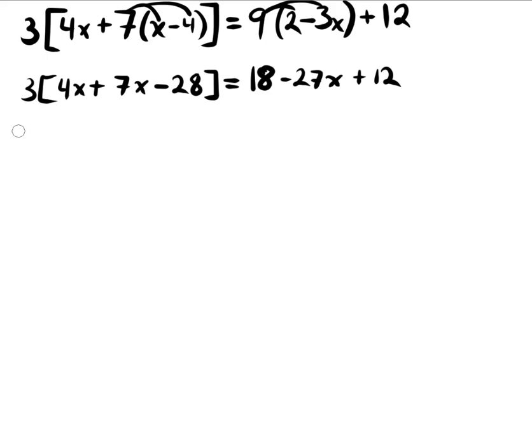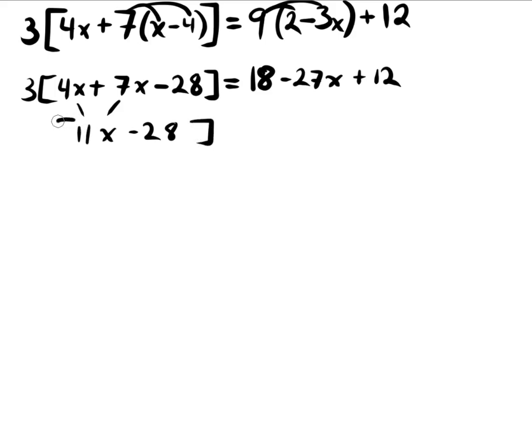All right, so I still have some stuff that needs to get distributed on this side, so I'm going to go ahead and do that really quickly. Well, before I do that, I want to combine some like terms, because then I don't have to distribute as much. So I'm going to take this 4x plus the 7x, and that's going to be 11x minus 28, right?